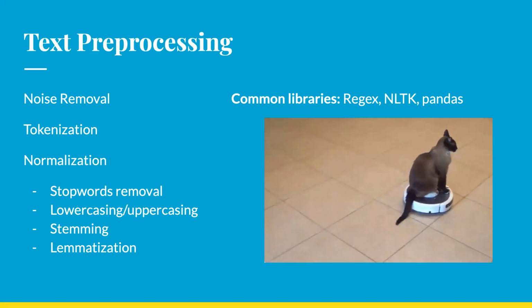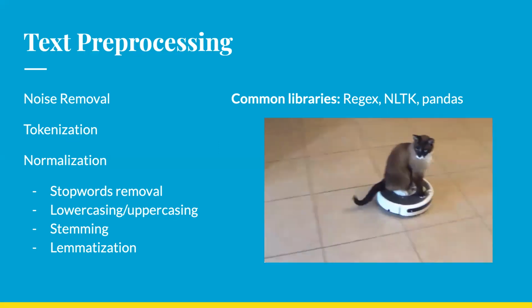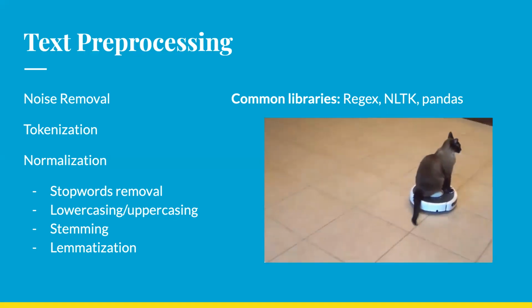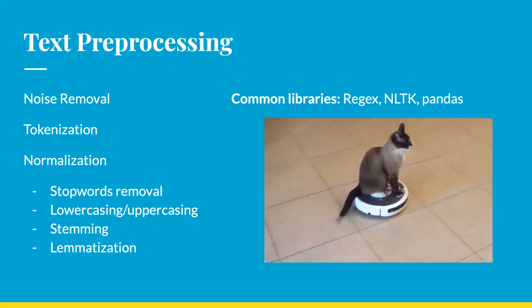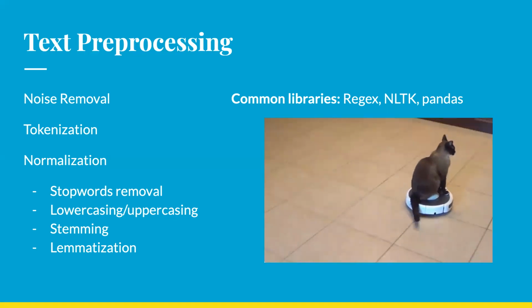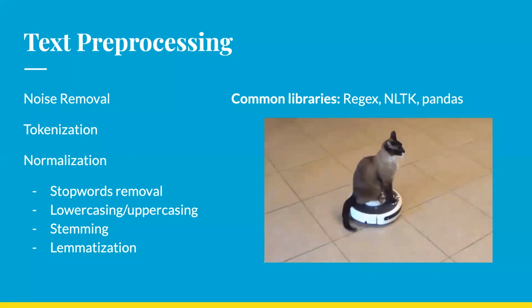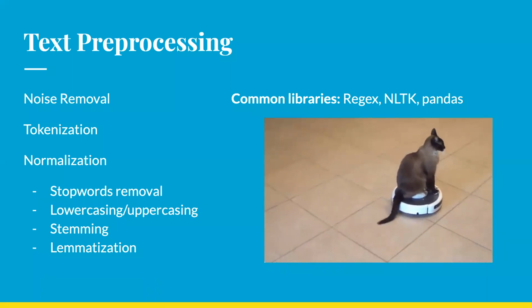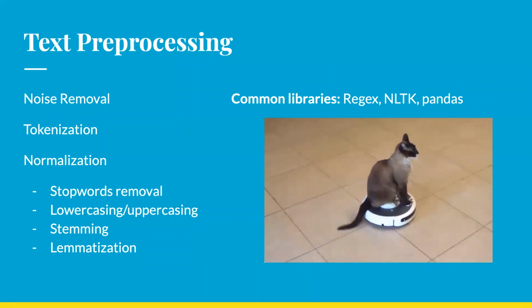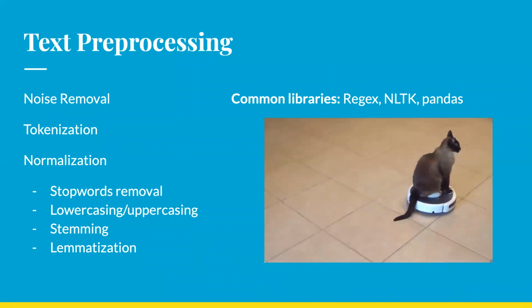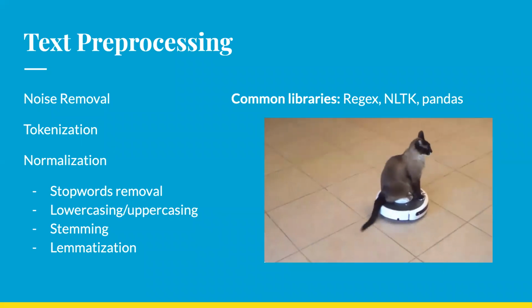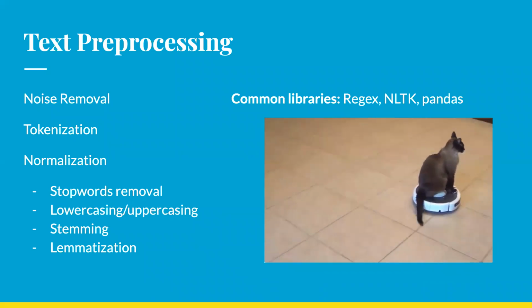Normalization can be broken down into a few different components. So one of them is stop words removal. So if you want to remove really common words, let's say that you're doing a task where you want to understand a specific topic, like if you want to really get a sense of what the topic is of a particular piece that you're looking at, then you might want to remove words that aren't very necessary.